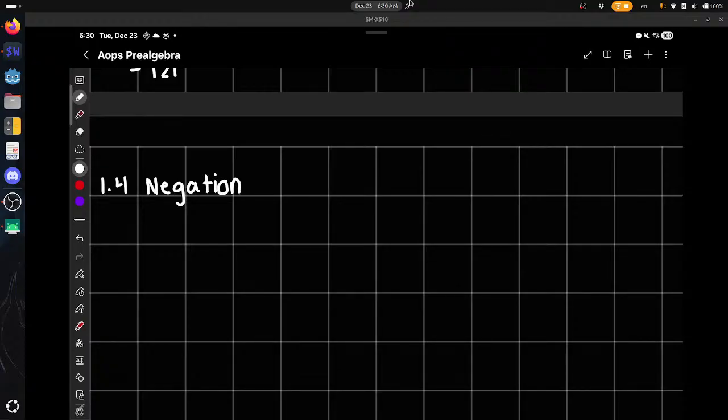Okay, so take a look at it. They're just showing an example of a number line: 0, -2, and 2.